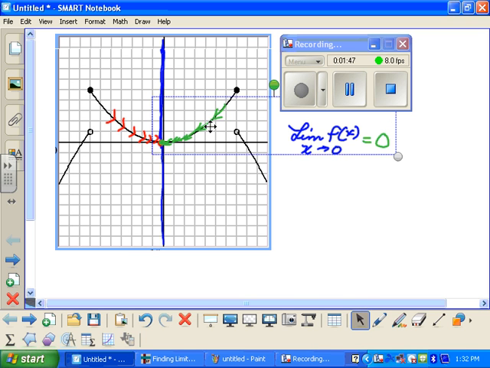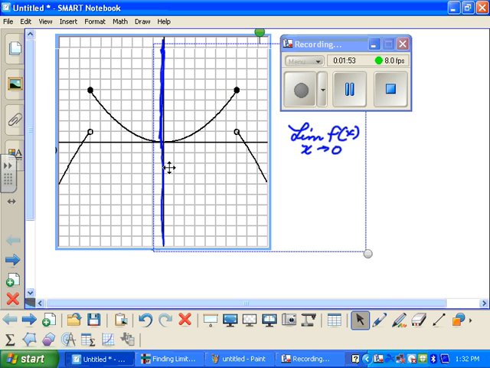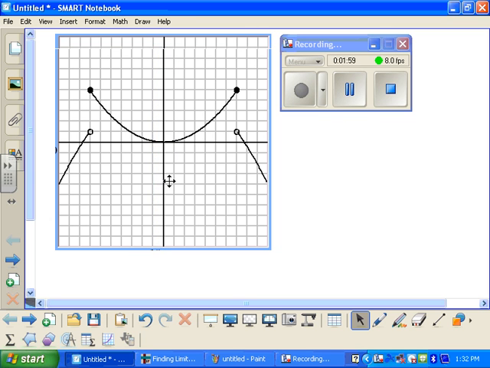That's pretty straightforward. Now let's delete these arrows here and consider a different scenario. Let's say we ask the limit as x approaches 3 of f of x.